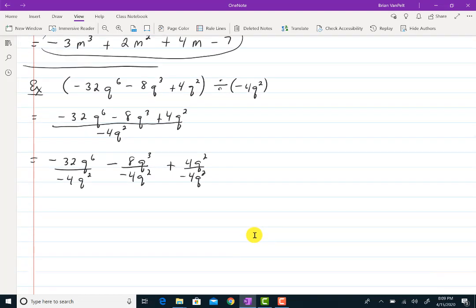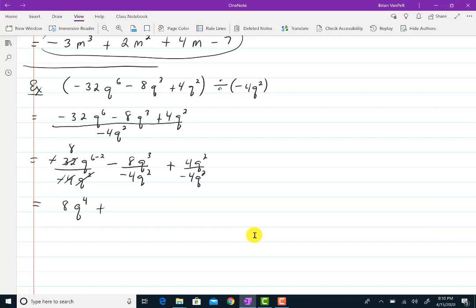And so let's go ahead and simplify what I can. Notice that these negatives cancel in the first one. 4 goes into 32 8 times, and q squared can go into q to the 6th, so I'll subtract a 2 off of that exponent. So I get 8q to the 4th for that piece.